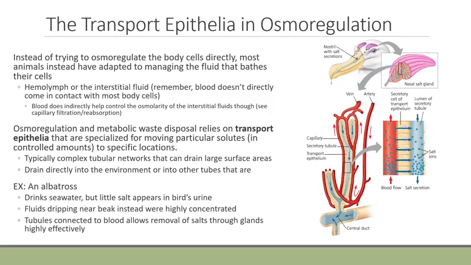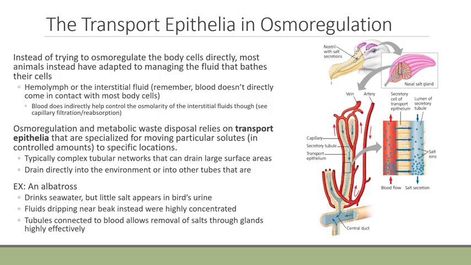Animals tend to have a lot of cells in their body, just like we saw with circulatory systems. Instead of trying to have the body cells themselves all get regulated all the time, which is pretty hard, and it's pretty difficult to make sure every single cell is at the proper osmotic level, why not worry about the fluid that bathes all of those cells, whether it's the hemolymph or the interstitial fluid.